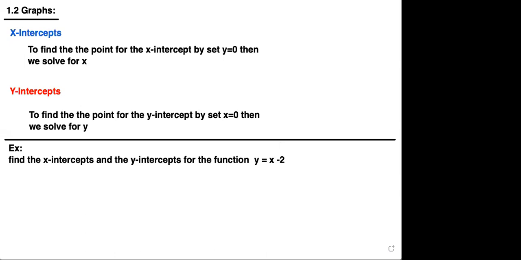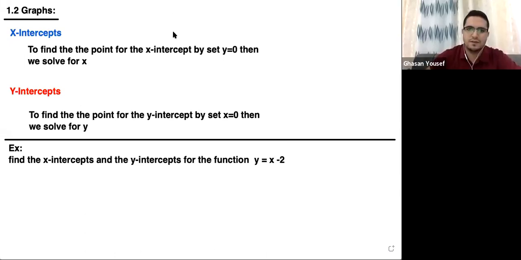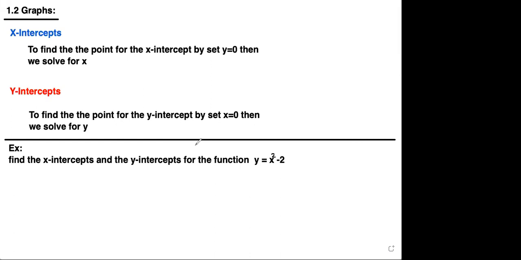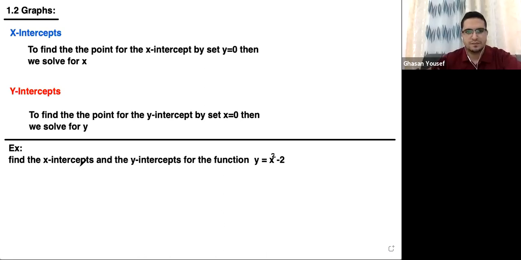Who wants to find the x-intercept for this one? Who wants to do the x-intercept? I'll do it. Okay, go ahead, Aziza. So you set y to 0. Set y equals 0, exactly.